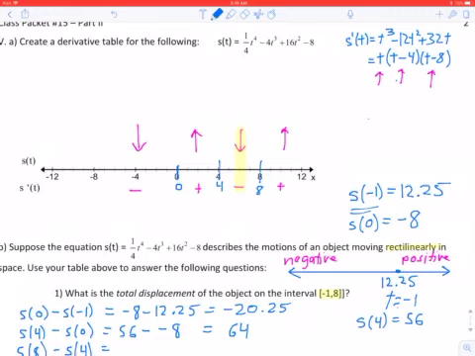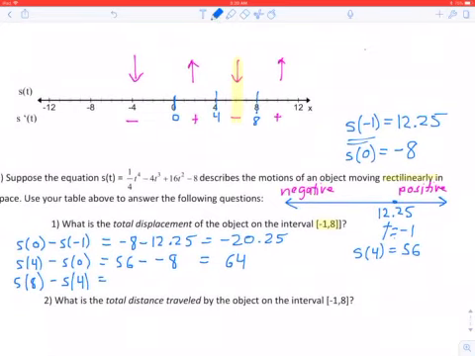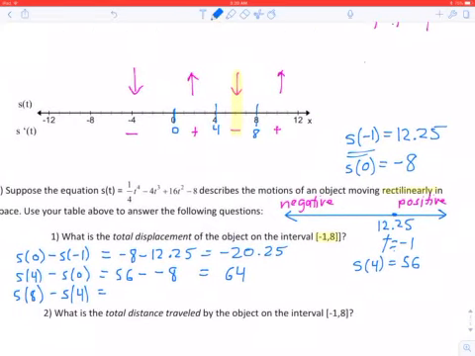I'm not coming up with it off the top of my head. And you'll see it comes out to -8. So you have a -8 final position.